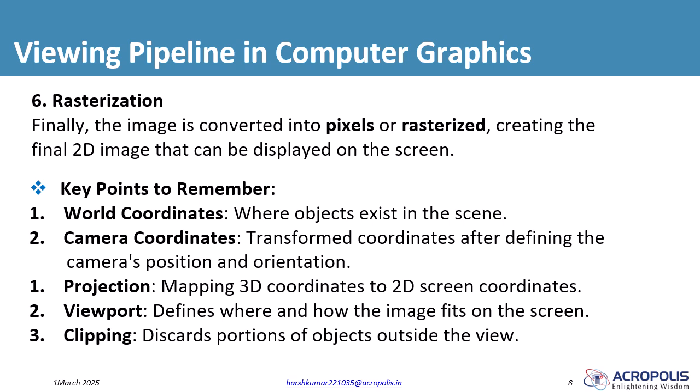Camera coordinates, transformed coordinates after defining the camera's position and orientation, basically from where and which angle you are seeing the object. Third is projection, mapping 3D coordinates to 2D screen coordinates. Fourth is viewport, which defines where and how the image fits on the screen, and clipping discards the portion of objects outside the view.